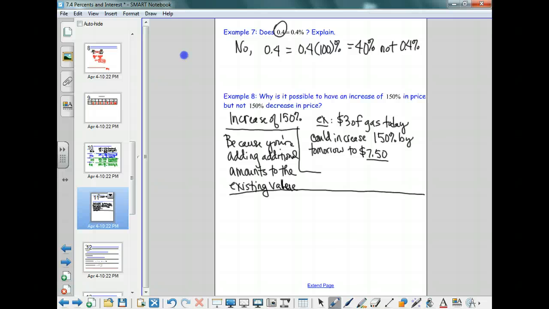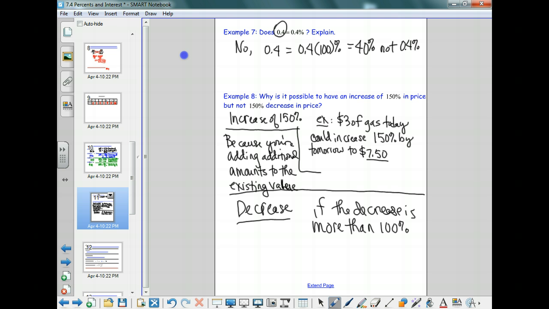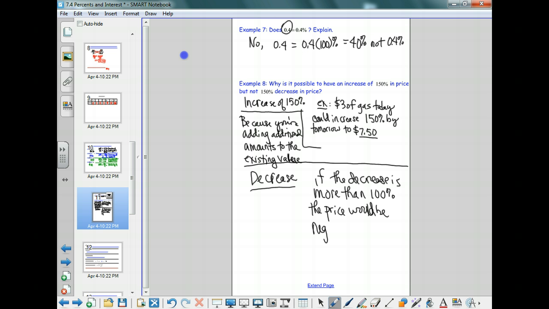So the issue here with the decrease is that if the decrease is more than 100%, the price would become negative, i.e. paying you to take the stuff away.